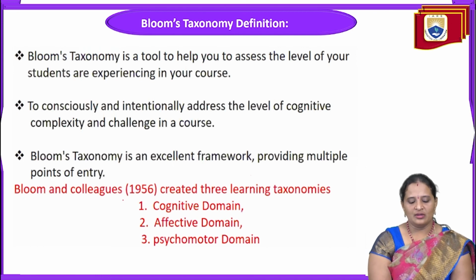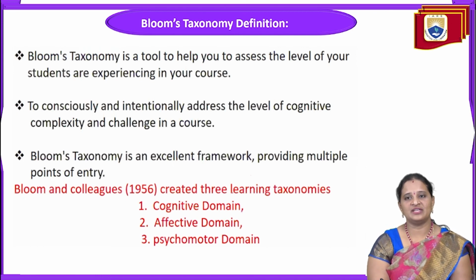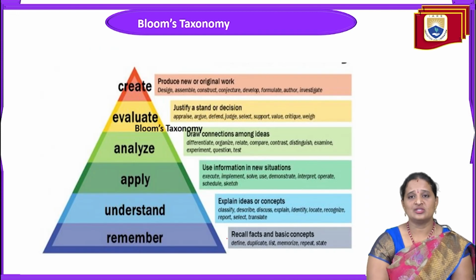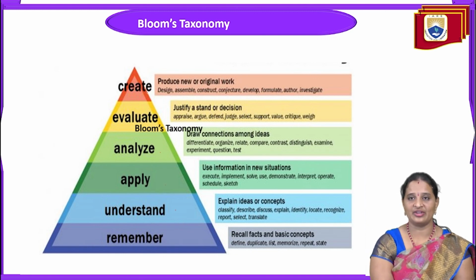Bloom and colleagues in 1956 created three learning taxonomies: cognitive domain, affective domain and psychomotor domain. These are the different levels of Bloom's taxonomy: remember first, level 1, understand, apply, analyze, evaluate and create.